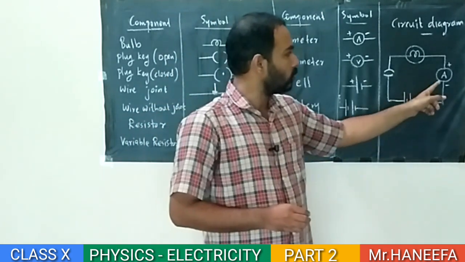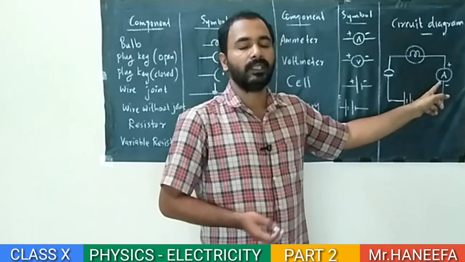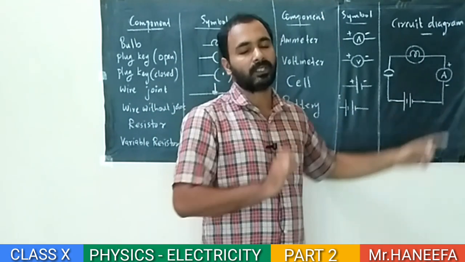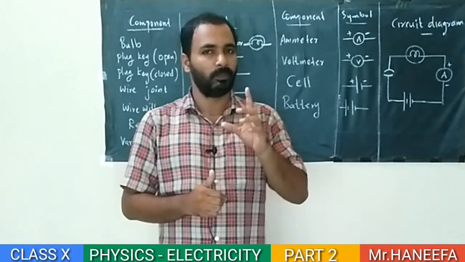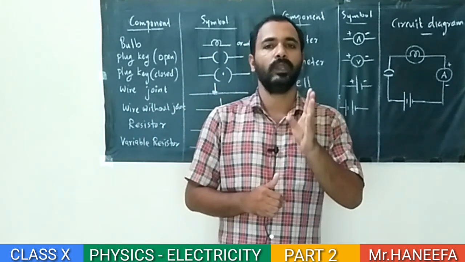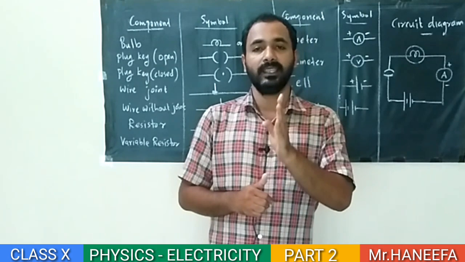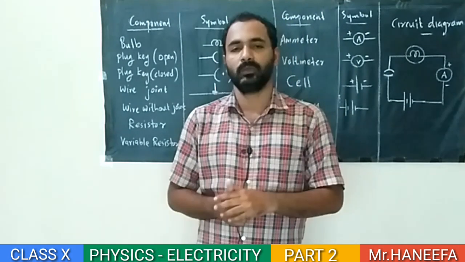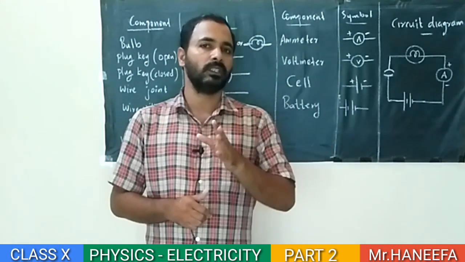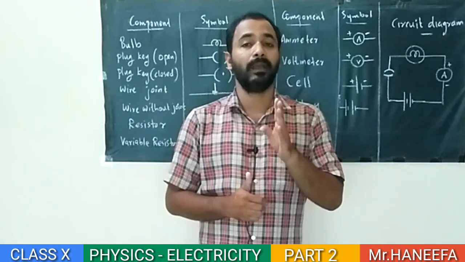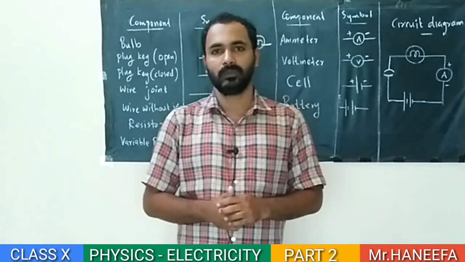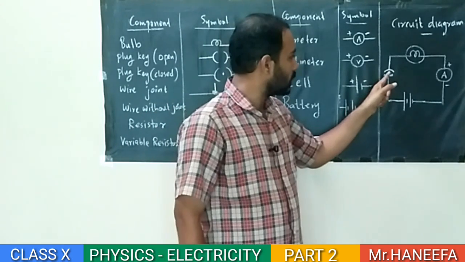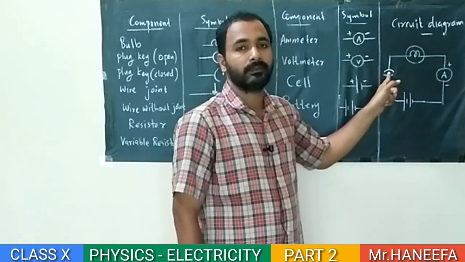Here, ammeter is always connected in series with the circuit. Note the point. Ammeter is always connected in series with the electric circuit. Voltmeter is always connected in parallel with the electric circuit. Okay. Now here switch is open.